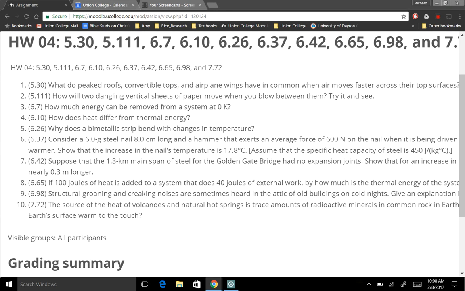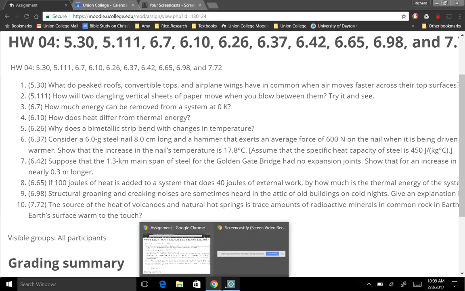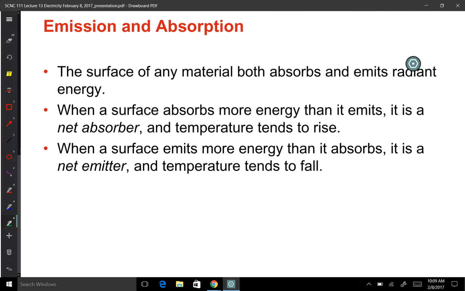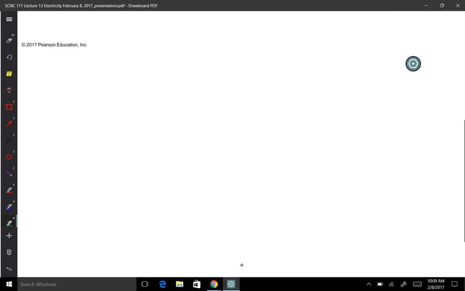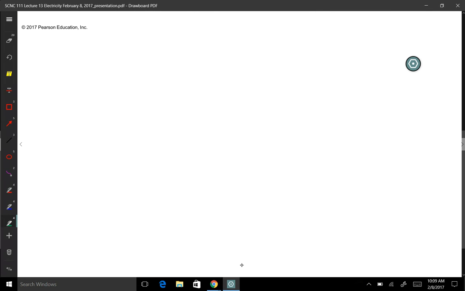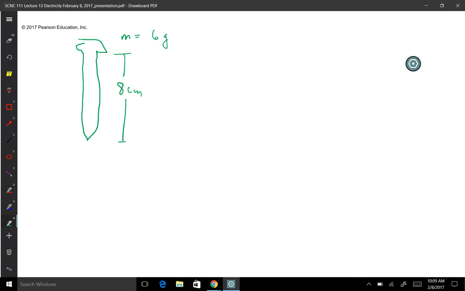Okay, so we have these important numbers: 6 grams, 8 centimeters, 600 newtons, 450 joules per kilogram degrees Celsius. Let's see if we can remember all of those. I'm just going to go to the bottom of the next page to work this one out. So we have a nail, eight centimeters long. Mass is equal to 6 grams. Did I get those numbers straight? Not reversed? Yeah. Okay.